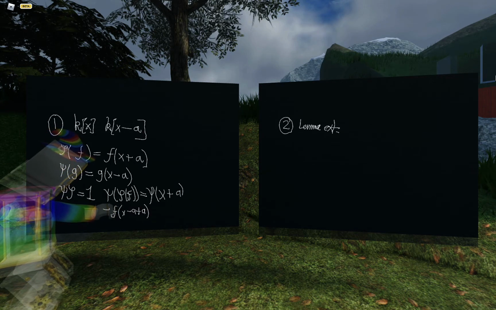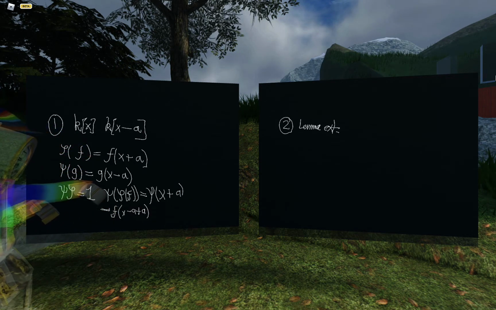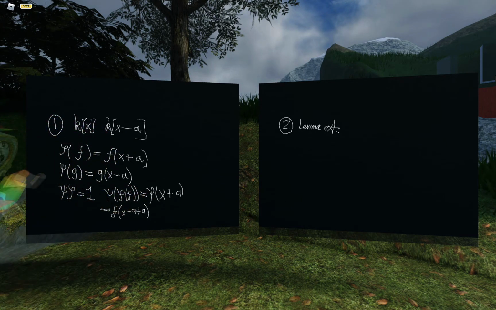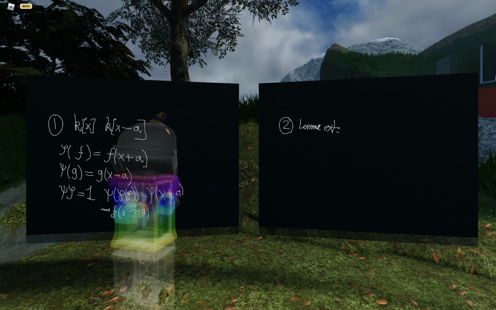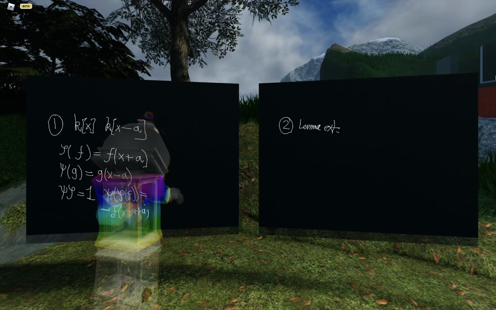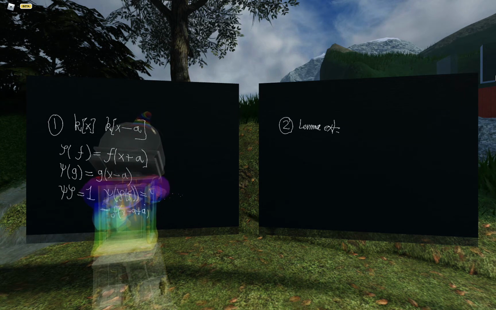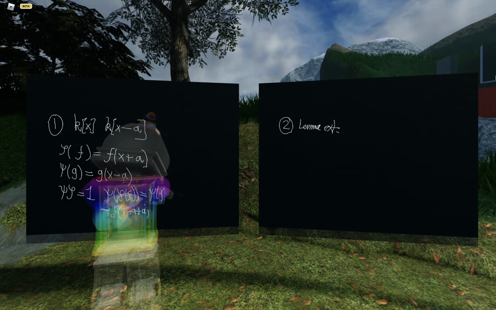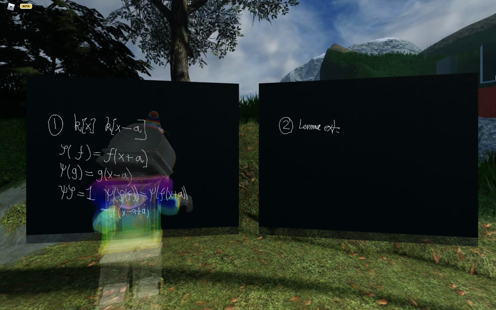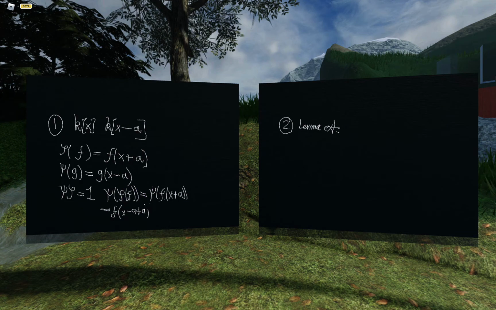It's the same as that. This is psi of f of x plus a. Does that make sense? Which is f.